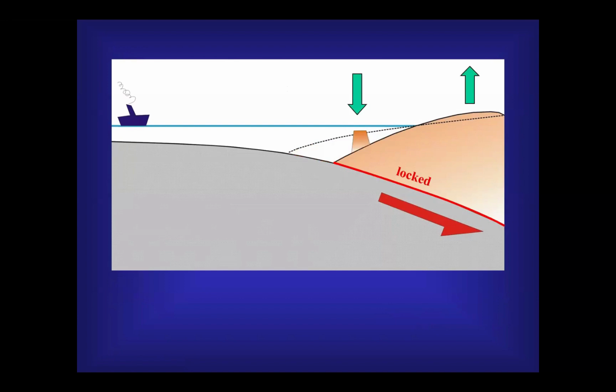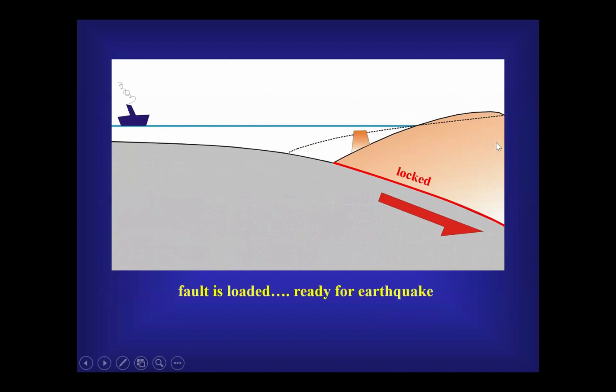As the subducting plate goes down and this interface is locked, it will create interseismic deformation of the upper plate. And then at some point, the fault is loaded, ready for the megathrust earthquake.